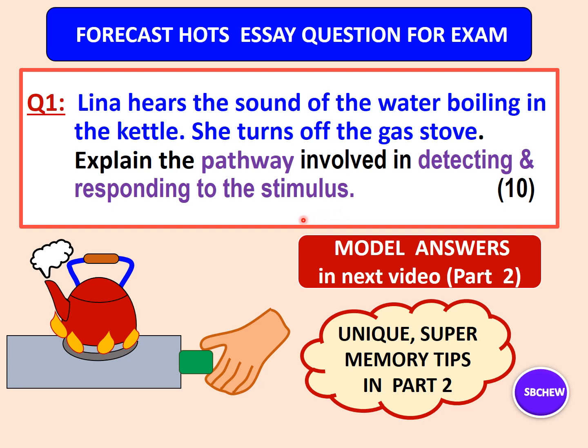In the next video, I will show you how to write a good A+ answer to get 10 marks, and also the technique of remembering how to write it. You'll learn an acronym, a very good acronym, in the process. So see you in the next video, and do try this HOTS question first before you view the next video. Thank you and goodbye.